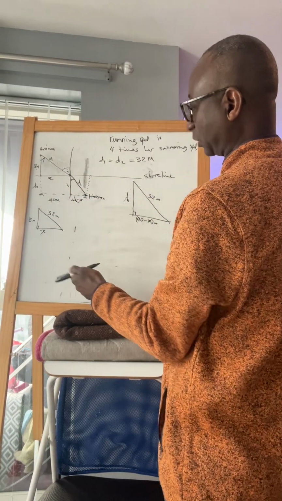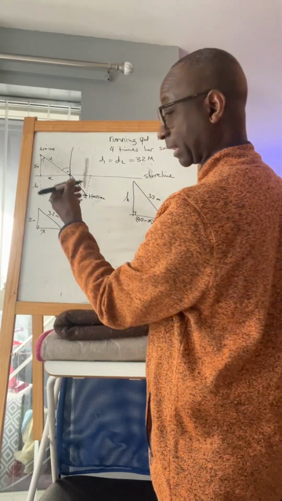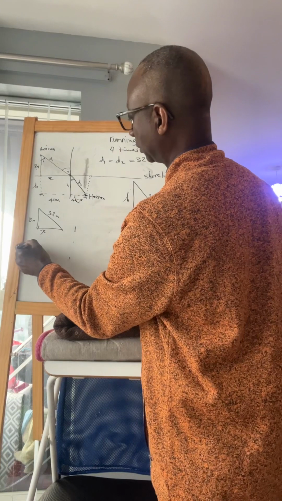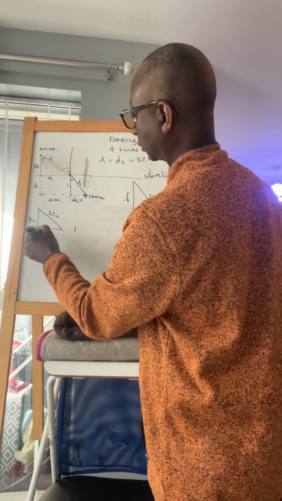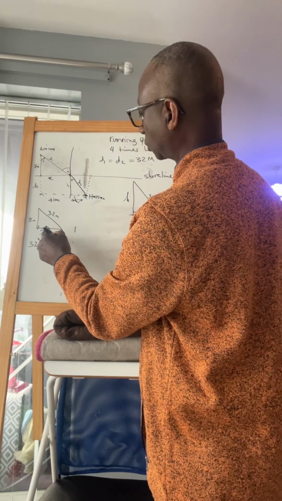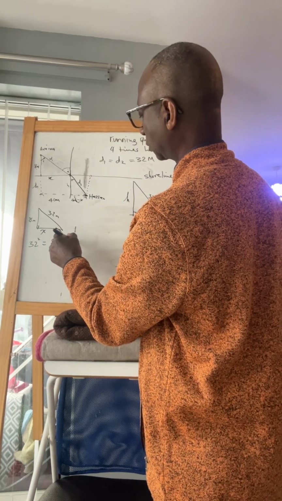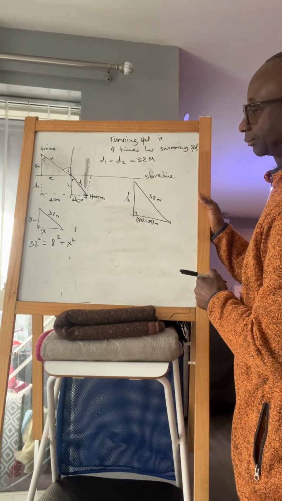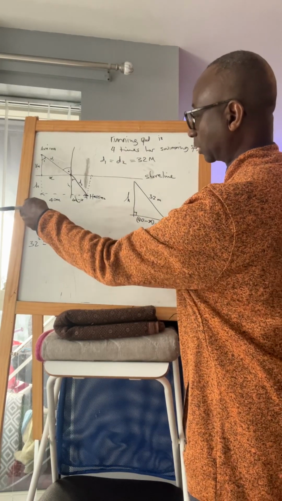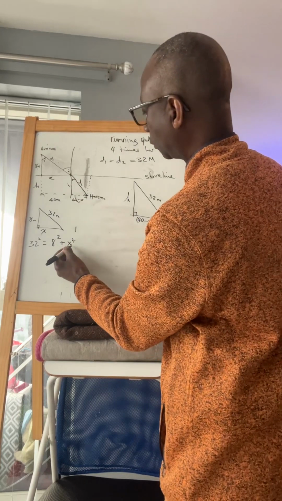By applying Pythagoras theorem, the hypotenuse, which is 32 squared, is equal to the sum of the squares of the other two sides, which is h squared plus x squared. The hypotenuse, the longest side, is equal to the sum of the squares of the two remaining sides.